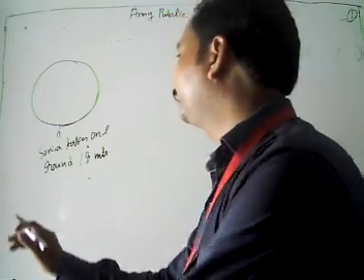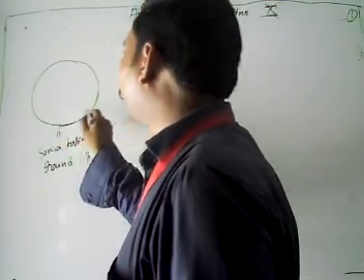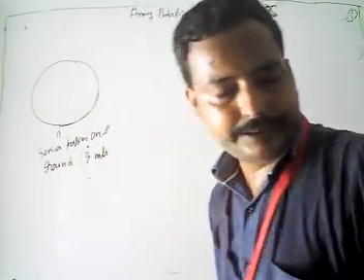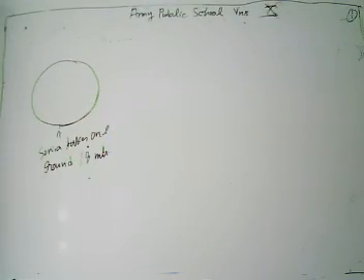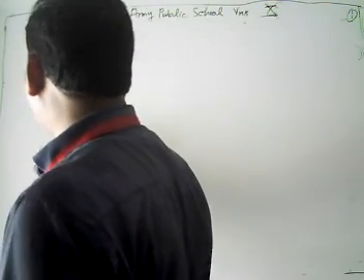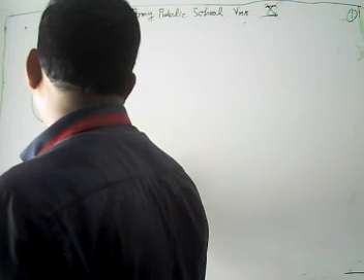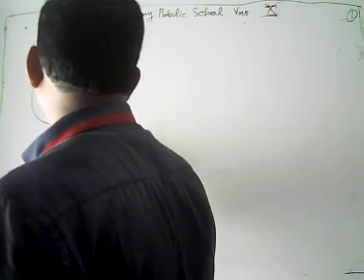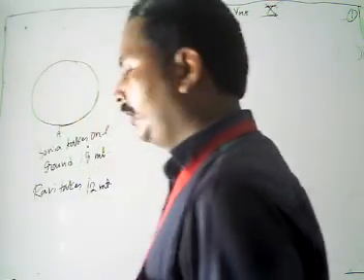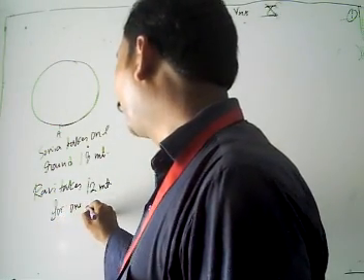While Ravi takes 12 minutes for the same, when Ravi starts from A and comes again to point A, Ravi takes 12 minutes for 1 round.